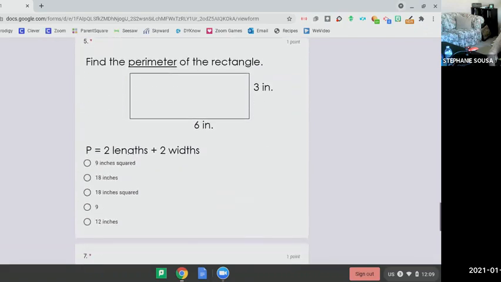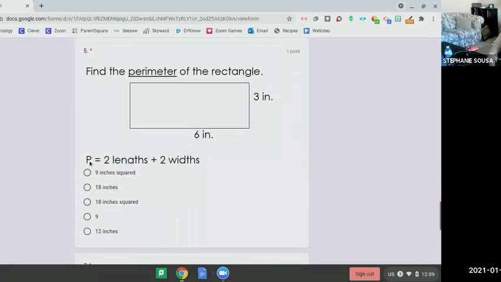Alrighty. Perimeter. We have a nice reminder here that perimeter is equal to 2 lengths plus 2 widths. This rectangle has 2 lengths. The bottom and the top are 6 inches. The right and the left are 3 inches. So we are going to add 6 plus 6 plus 3 plus 3. This is a great time to practice some mental math. 6 plus 6 is 12. 12 plus 3 more is 13, 14, 15.